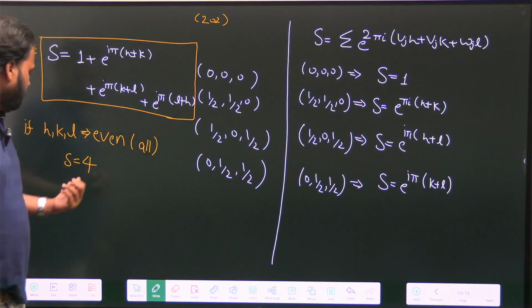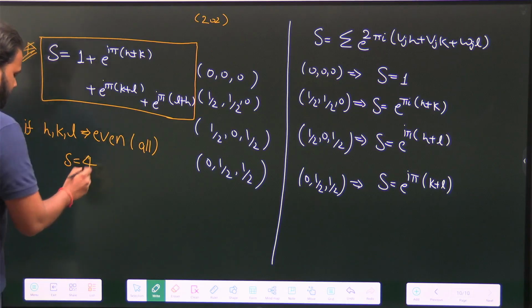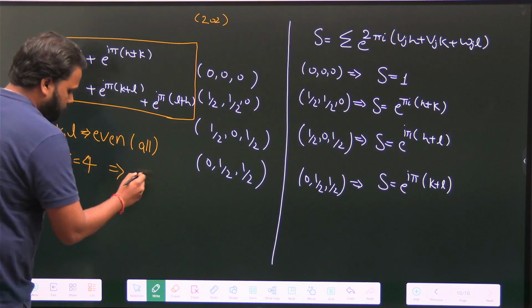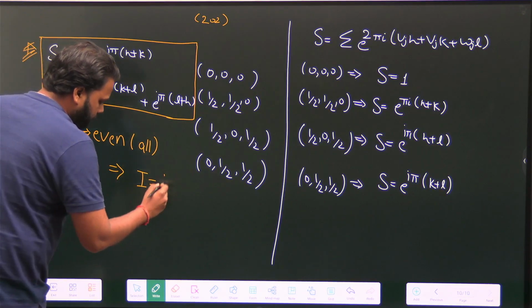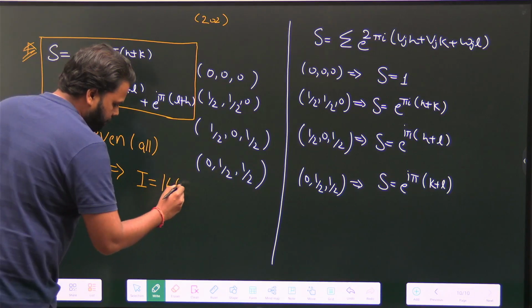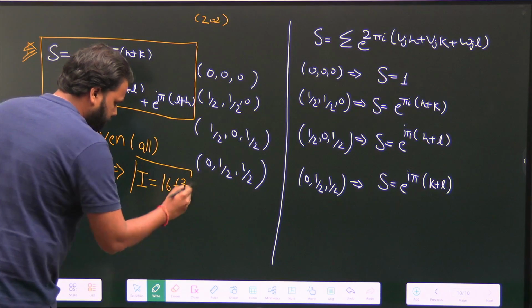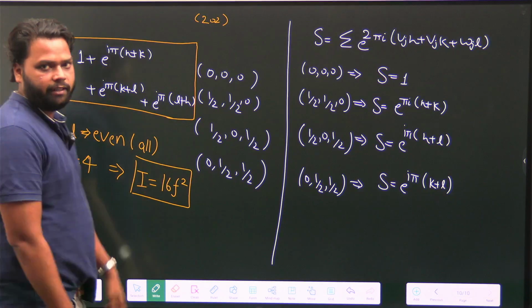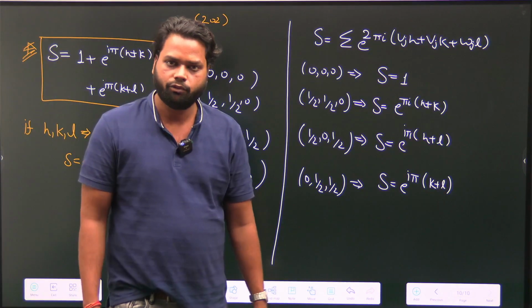Okay. So we got the value of s is 4, hence the intensity will be 16 f square. That is, we are getting the diffraction maximum, right?